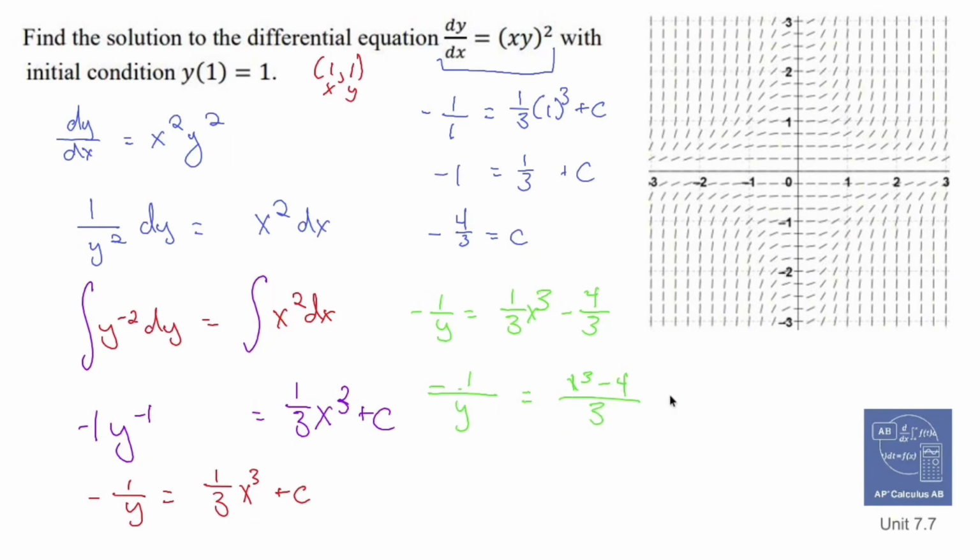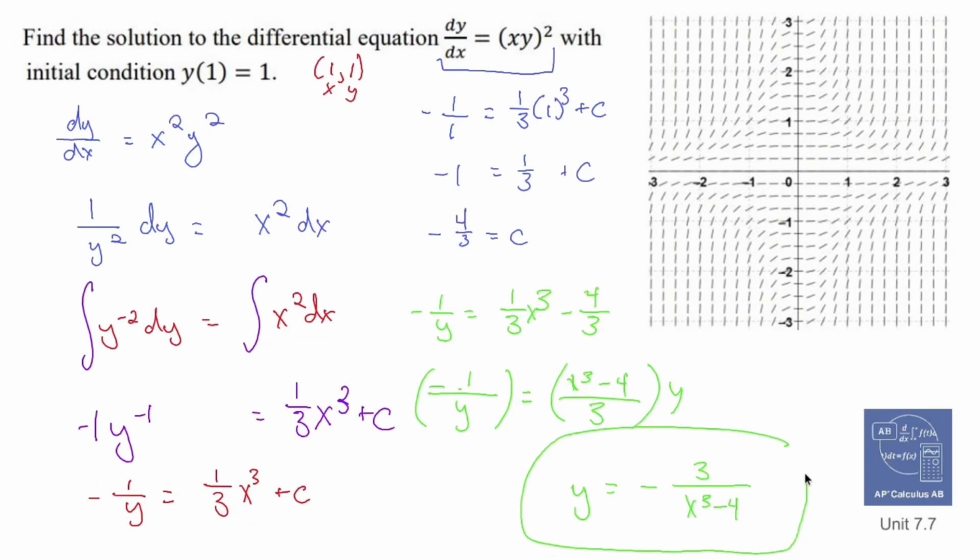Let's multiply both sides by y, and while I'm at it, divide that entire fraction. What that will do is give us y equals negative 3 over x cubed minus 4. Ugh. I don't like that at all. Not one bit. But that's how you do it.